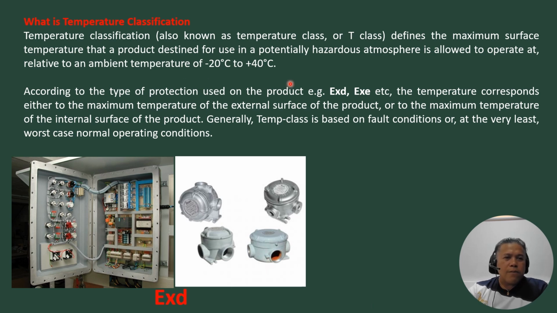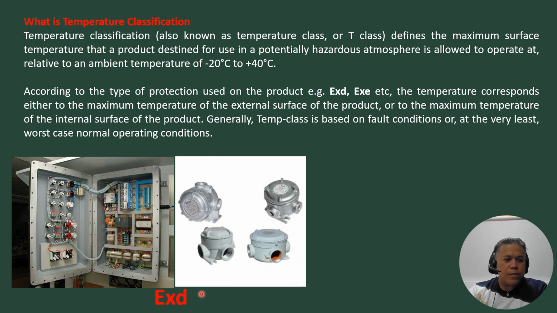So according to the type of protection, guys, product Ex d, Ex e, etc., the temperature corresponds to either the maximum temperature of the external surface of the product or the maximum temperature of the internal surface of the product. So you need to understand our Ex d.